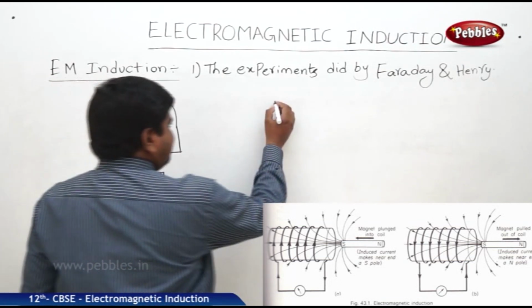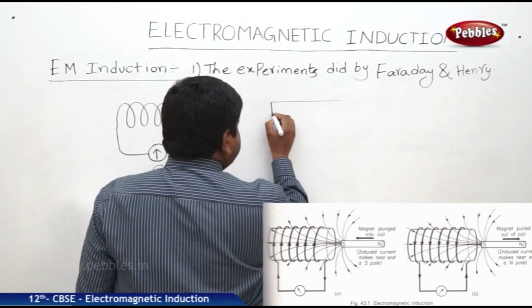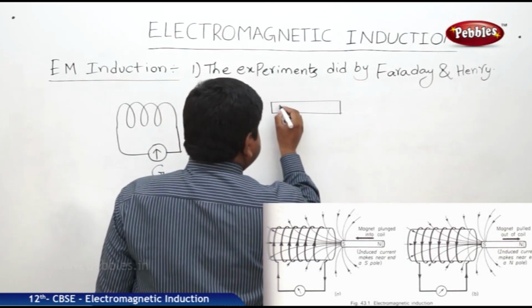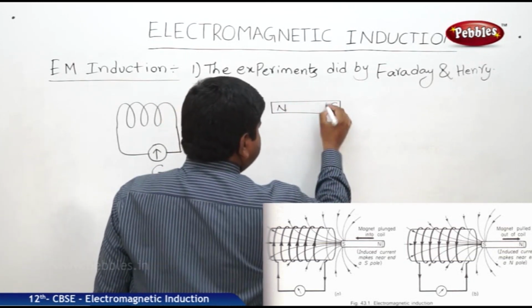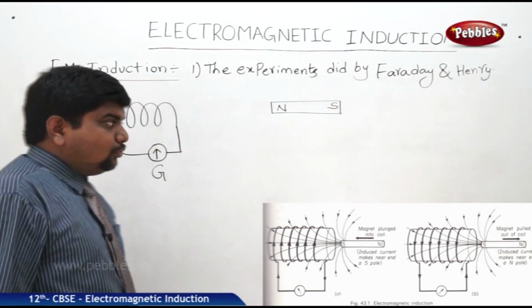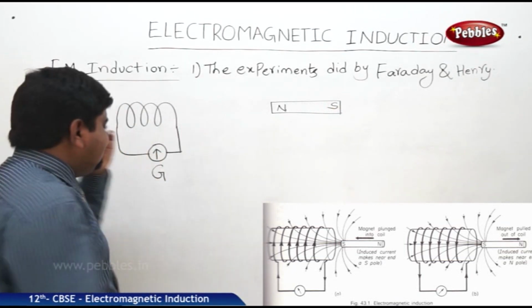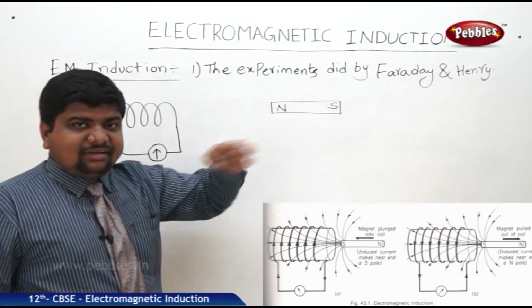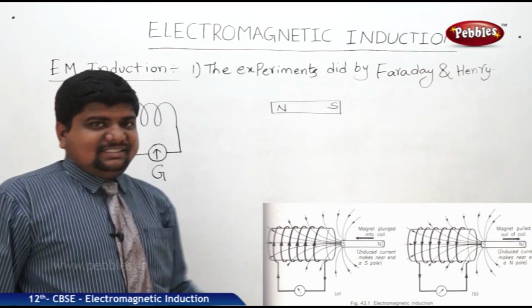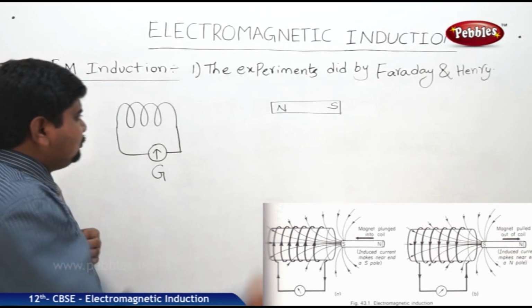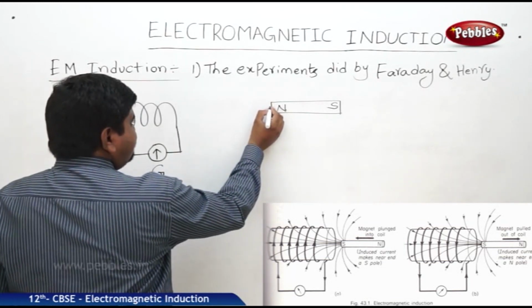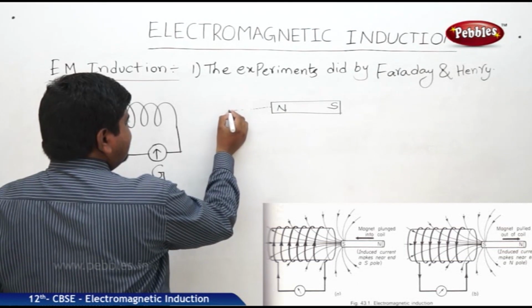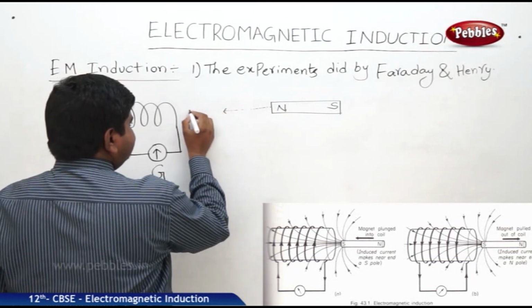Now take a magnet with north and south poles. Initially, the coil connected to the galvanometer and the magnet are separated by a finite distance. Then they moved the magnet towards the coil.